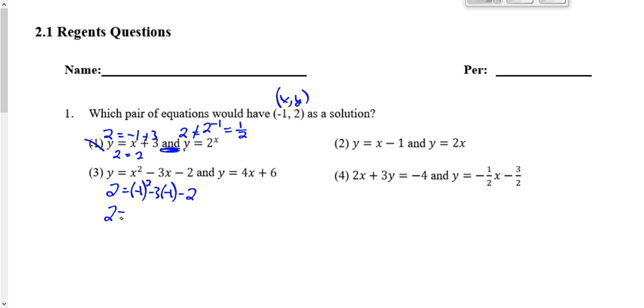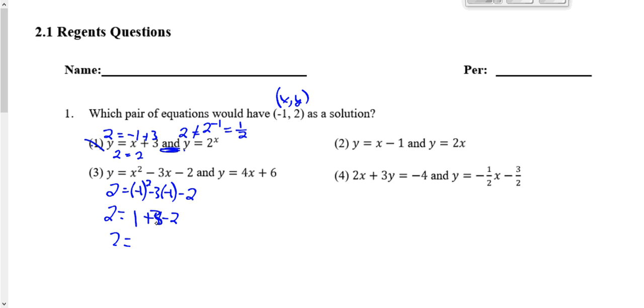What's negative 1 squared? Positive 1. Plus 4 minus 2. That's 5 minus 2. That's negative 3, plus 3.